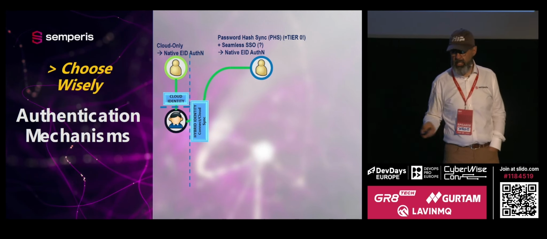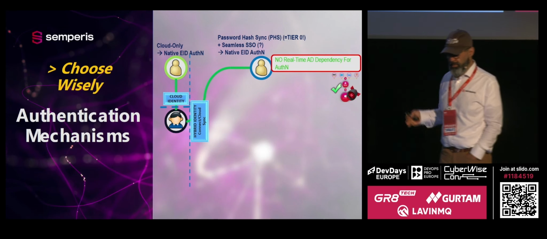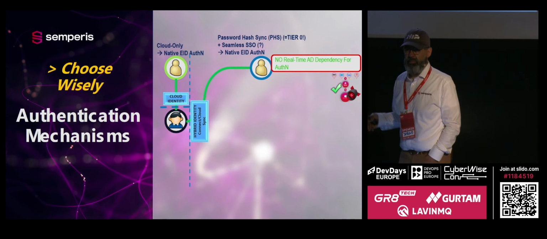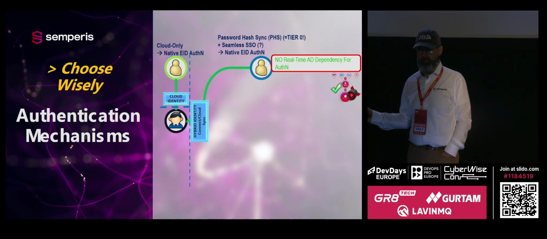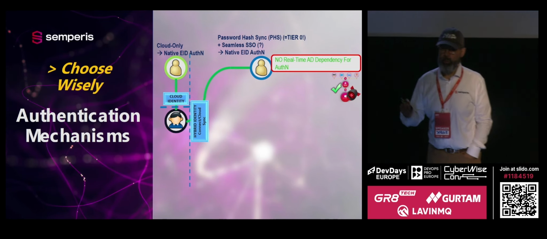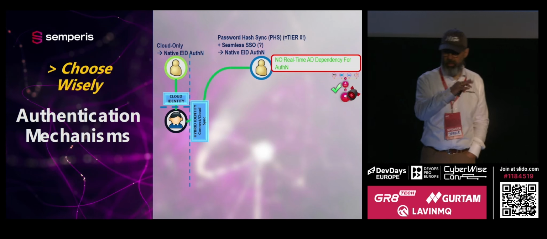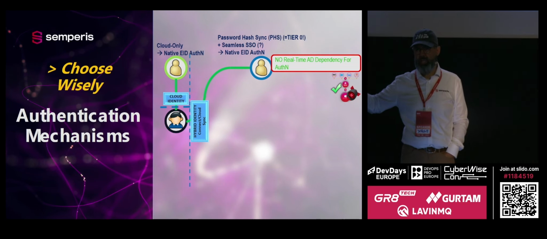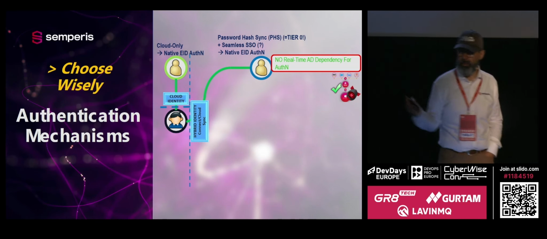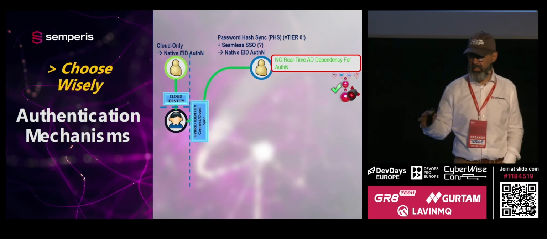Is there a dependency? No, there is no dependency with Active Directory. If Active Directory is down, everything will happily work and continue to work in Entra. You won't be able to provision new users. Those will have to wait, but every existing user will be able to continue to work and do whatever they need to do within Entra and any other system connected to Entra.